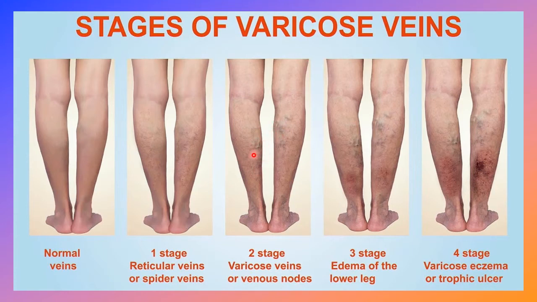Stage 3, where they develop chronic eczema over the lower leg. Besides the varicose veins, you also develop eczema and skin changes. And stage 4 is when varicose eczema or ulceration takes place, usually at the lower third of the medial aspect of the leg.